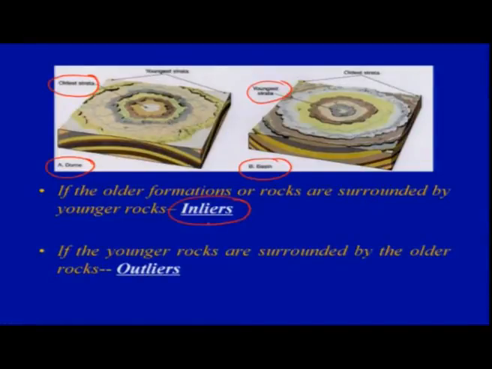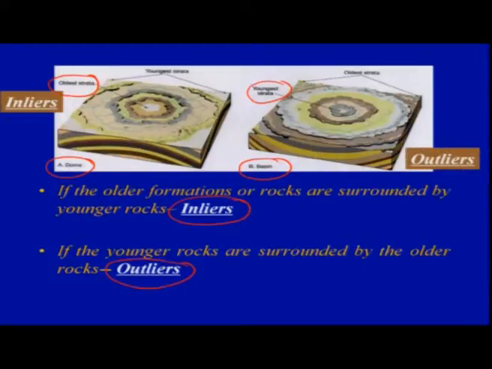Whereas here, the younger rocks are surrounded by older rocks, so the older rocks are on the outside, on the periphery, and we call these outliers. So we have inliers and outliers associated with the anticlines and synclines, or we can say with the domes and basins. These are inliers and these are outliers. You should remember this, and one can also identify this based on the drainage.